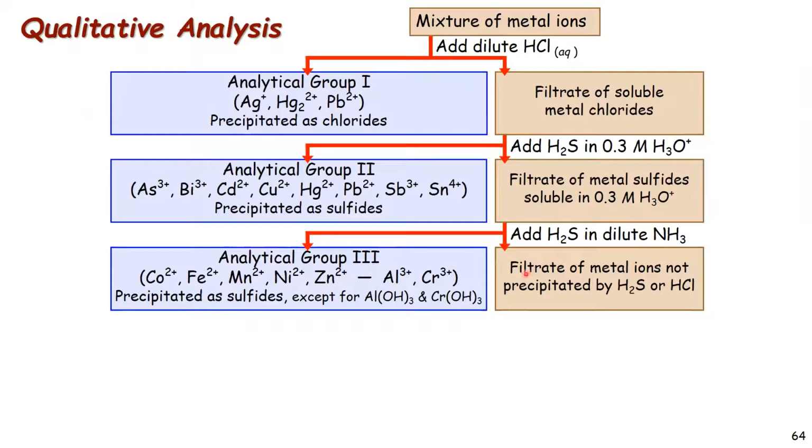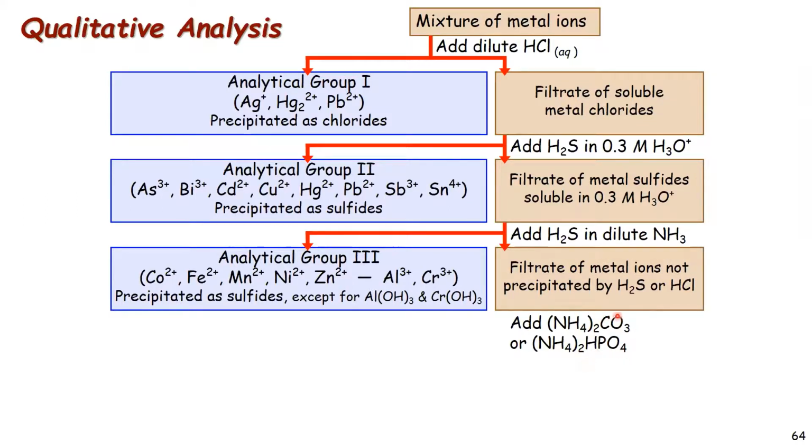Now, whatever metal ions are left after all of this, I'm going to add either ammonium carbonate or ammonium hydrogen phosphate. Basically I'm going to precipitate out any of the metals that are insoluble as carbonates and phosphates. These two rules are almost identical to each other, so I could add either one.